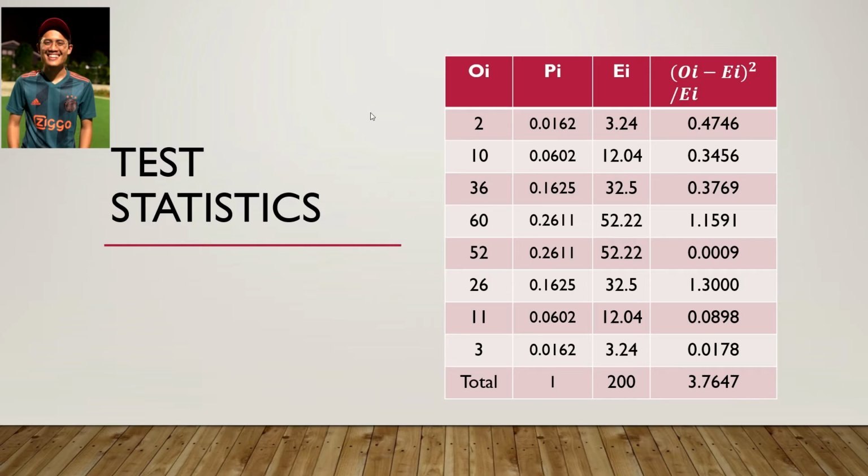Next, the chi-square value uses the formula: observed value minus expected value, squared, and divided by expected value. For the first chi-square, 2 minus 3.24 squared, divided by 3.24, we get 0.4746. Then we sum it all and we get 3.7647 for the chi-square value.